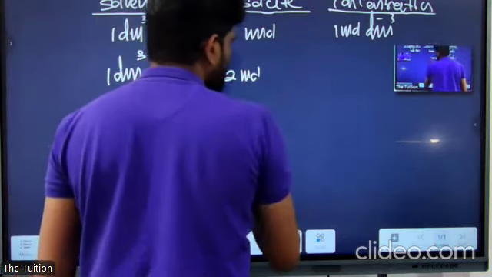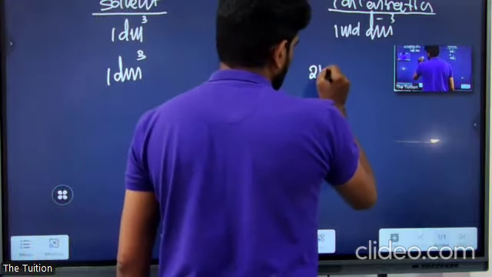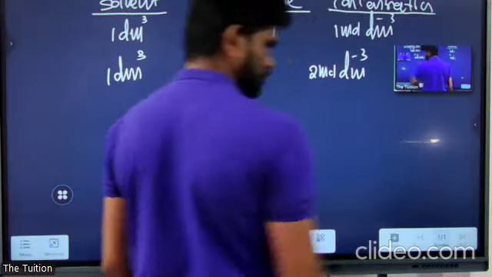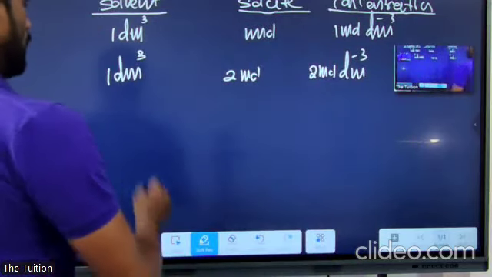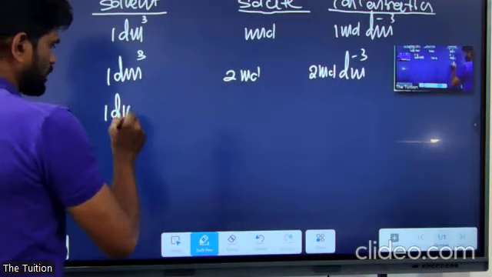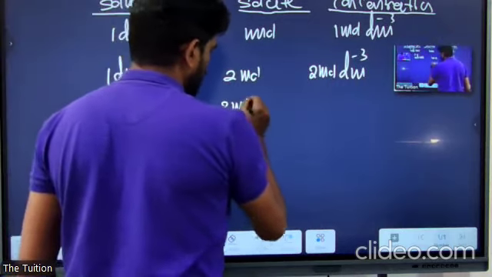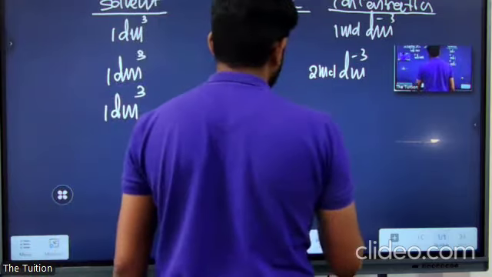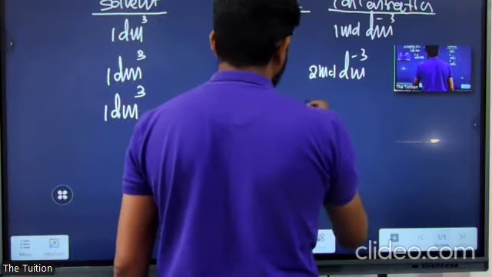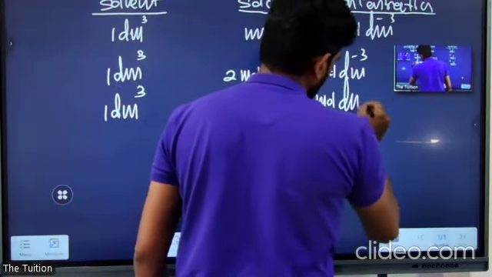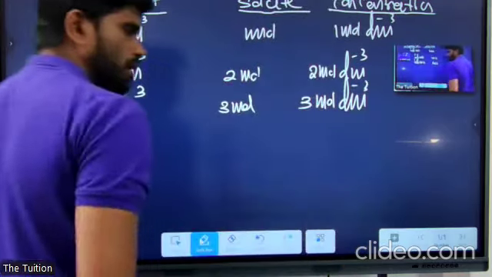How do you represent? 2 mole per cubic decimeter. 1 cubic decimeter solvent, 3 mole. Tell me with me, 3 mole per cubic decimeter.